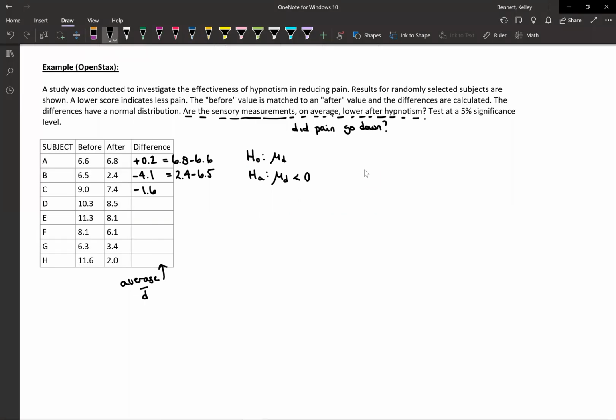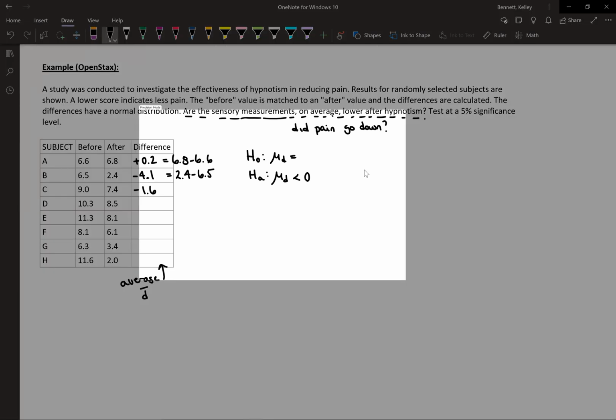So look at the first for subject A. Pain went up, our difference was positive. In subject B, pain went down, difference was negative. So we want to test whether or not pain went down. That would mean that we have a negative difference. So my alternative hypothesis is mu D less than 0, and my null hypothesis is just using that same 0 and then flipping the sign in between to equality.